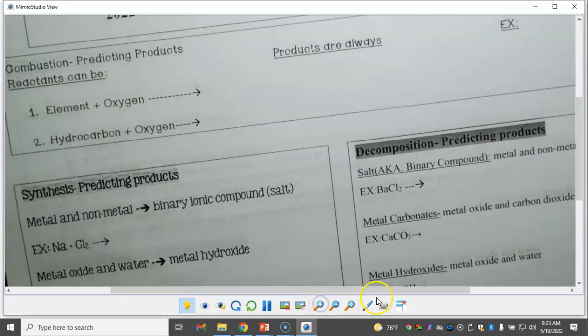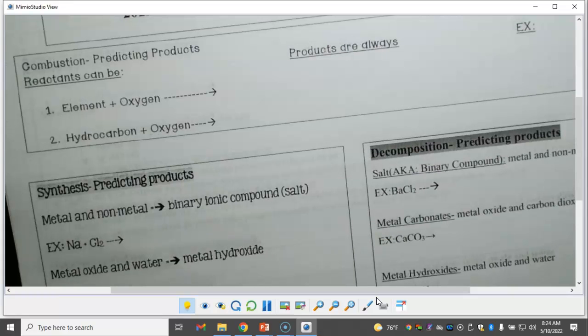Okay, so what we're going to look at is predicting products, and this is what you're going to have to do in the lab. We'll practice today, we'll practice tomorrow. I'm going to give you some rules so you're able to figure out what products are made from whatever reactant. We're going to start with combustion reactions.